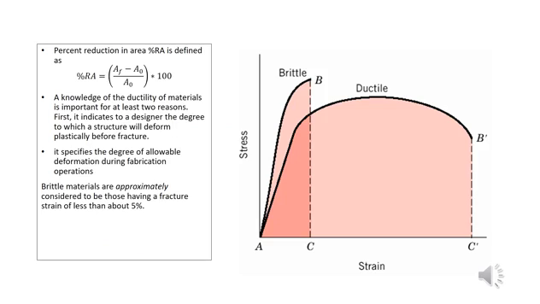Another property, which is similar to elongation, is percentage reduction, and this is basically a measure of the thinning of our material. Brittle materials are usually considered to be those that fracture at a strain of less than 5%. A comparison is done between a brittle material and a ductile material on the figure on your right.